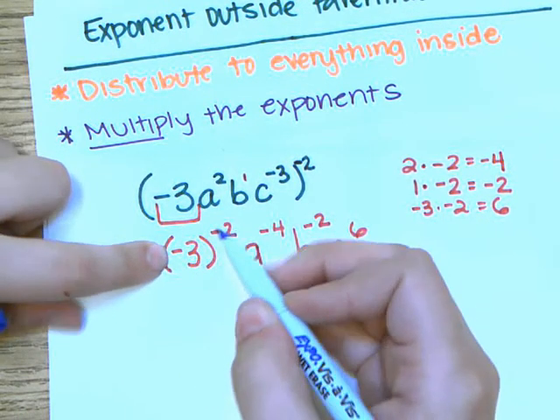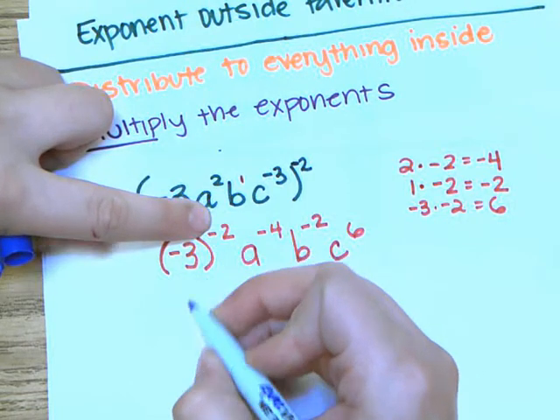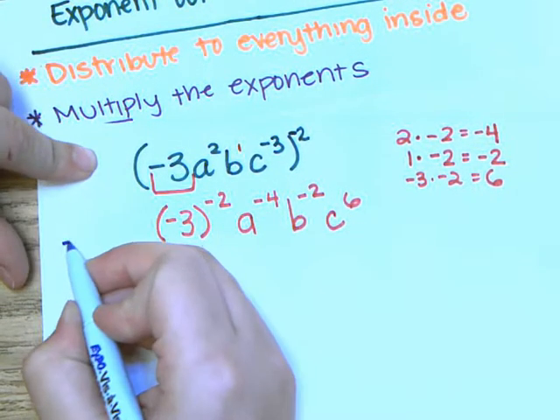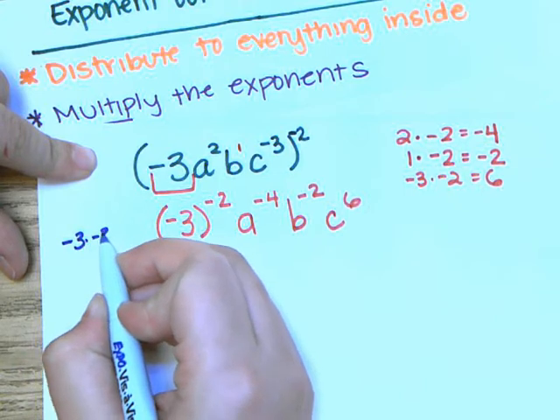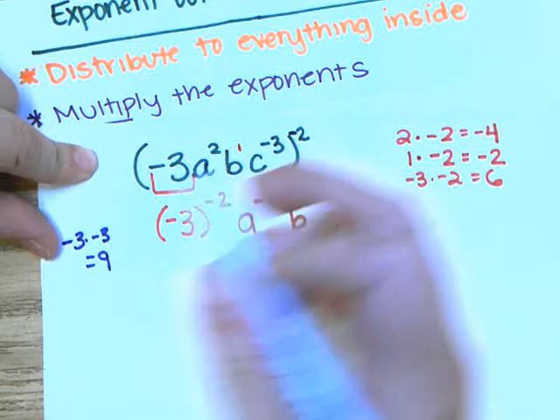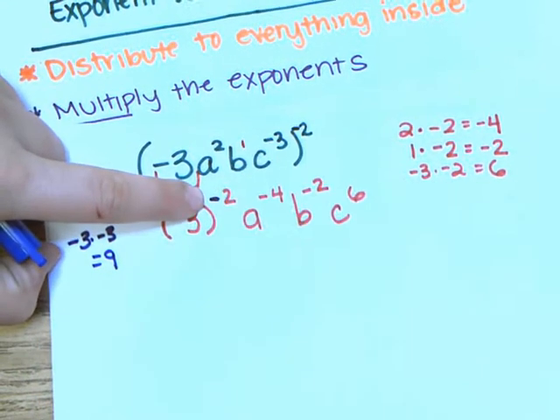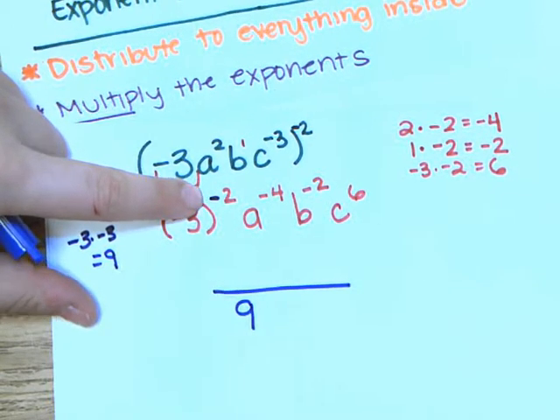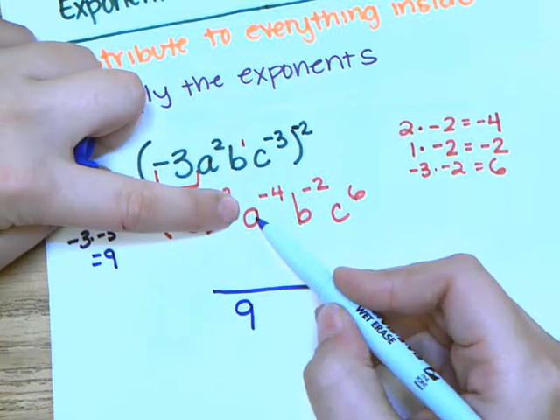So, -3 to the -2nd power, remember a negative exponent moves it to the denominator, so we're going to do -3 squared just like normal. -3 times -3 is 9, but because it has this negative there, we're going to move it to the denominator.